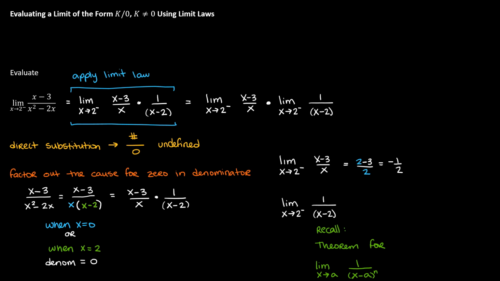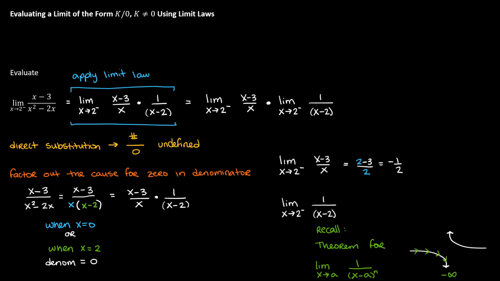Now here, we don't really see an exponent in the denominator, but it's assumed that it's an invisible 1 as the exponent on the binomial x minus 2 for our function. So we have an odd exponent, which means our function behavior is opposite on either side of the asymptote. And if we're coming from the left, we know that that limit is heading down to negative infinity.